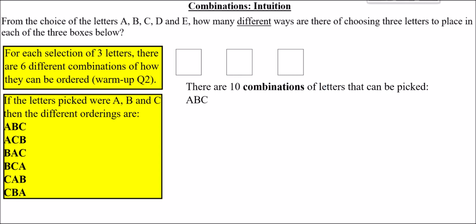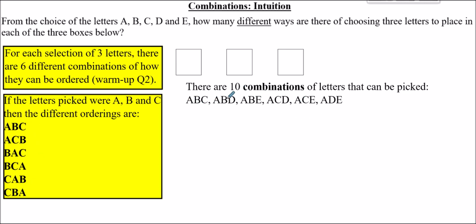We could pick ABC, ABD, ABE, ACD, ACE, and ADE. These are all the combinations of letters that could be picked that include the letter A. And each one of these combinations within itself will have 6 different possible orderings.